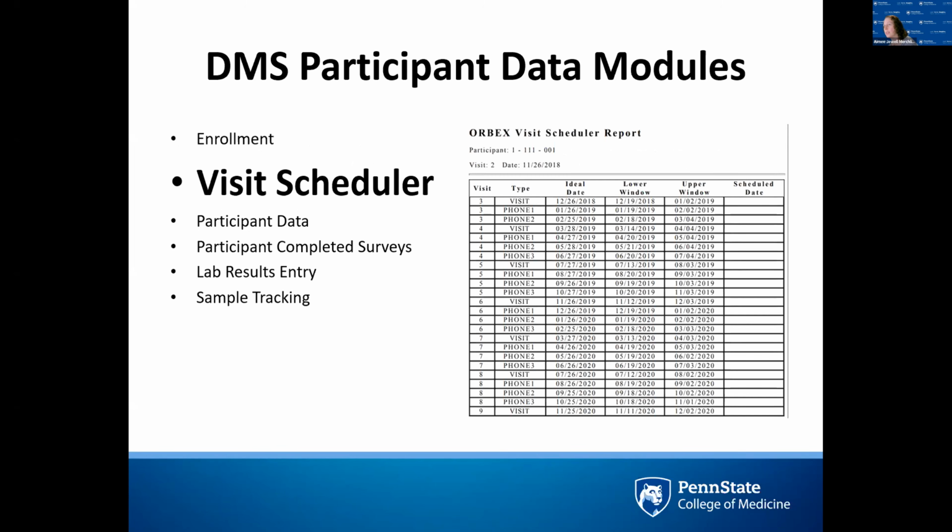So the coordinators are able to print this out, write in what the scheduled date is for the participant, and provide this report for the participant, as well as keep it for themselves in clinic to enter into the system. All of this information is stored in the database, and we use it to determine if a visit's been missed or skipped, or if anything occurred outside of the visit window, which may result in a protocol deviation or violation.